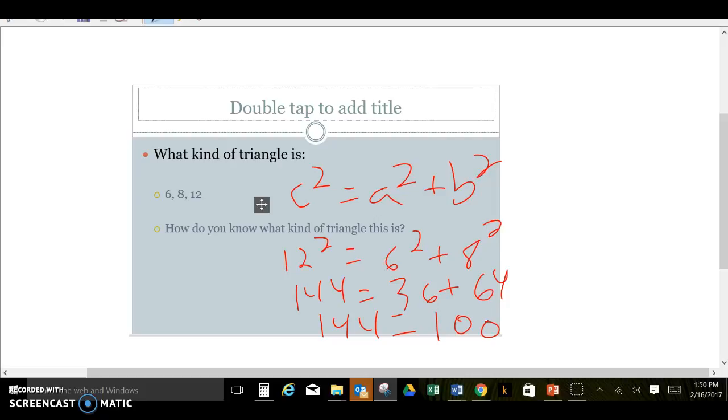And so right now we got 144 is greater than 100. So now we have to think about, well, what kind of triangle is this? So with this in mind, a triangle that has c squared greater than a squared plus b squared is an obtuse triangle. So now we have an obtuse triangle.